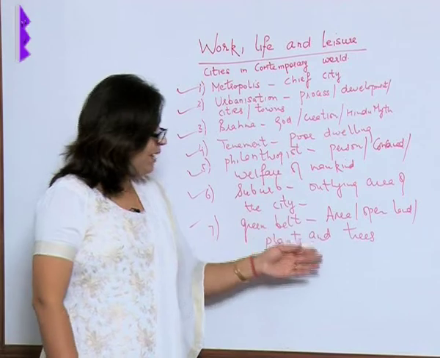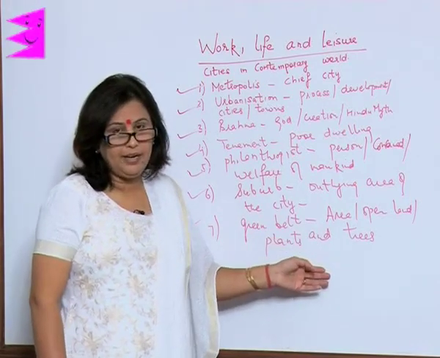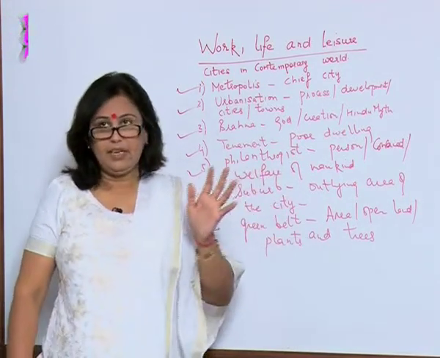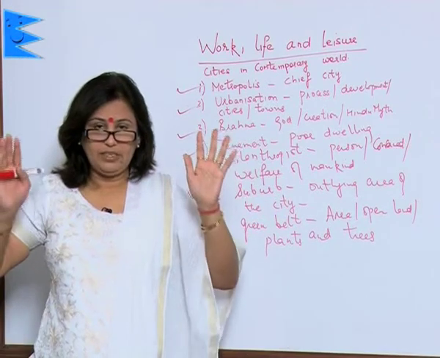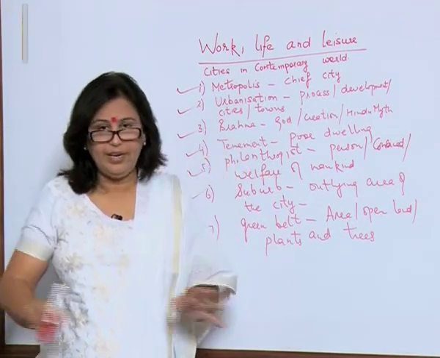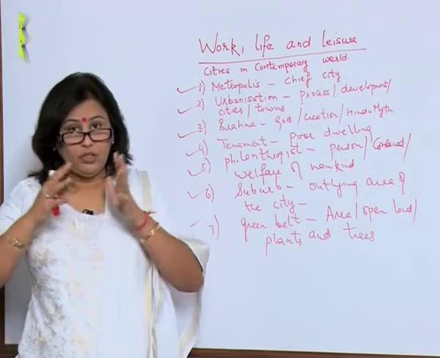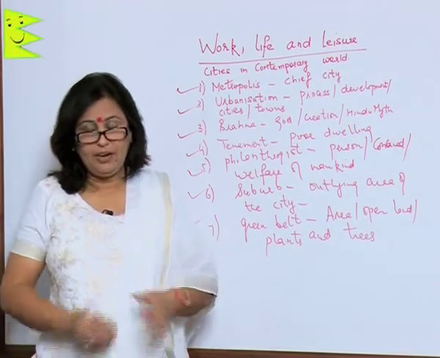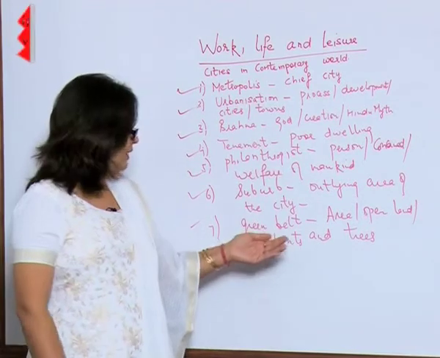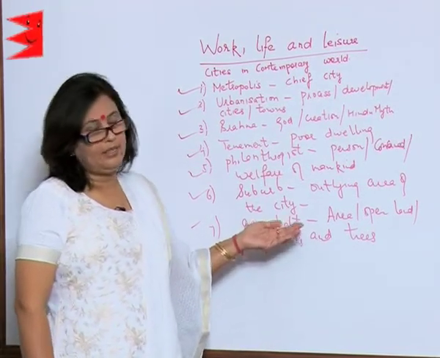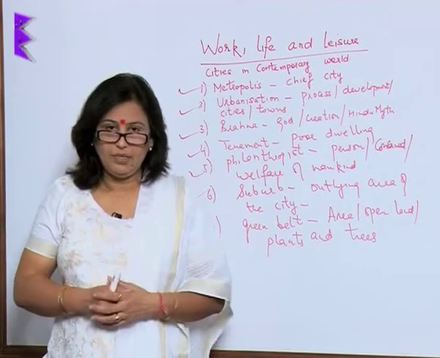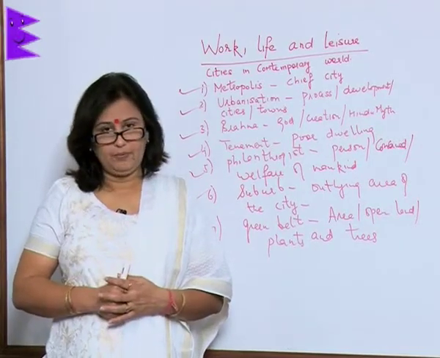That is, it is meant for planting trees and such things by which the city appears green. So, a place for natural habitation, greenery all around is the green belt. I continue with the rest of the terms in the next clipping.